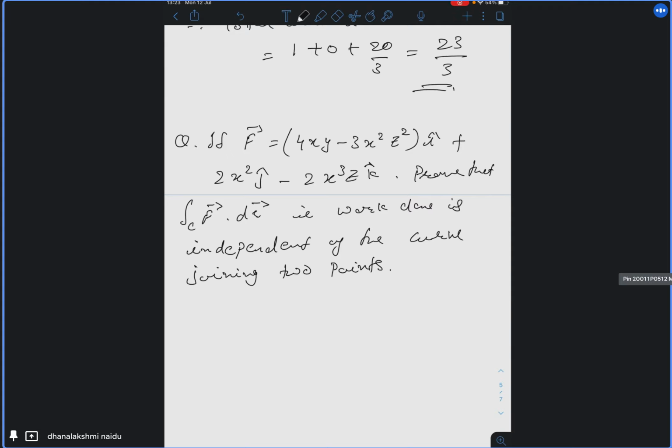That means it is independent of the path. Work done is independent of the path. This is what you need to prove.